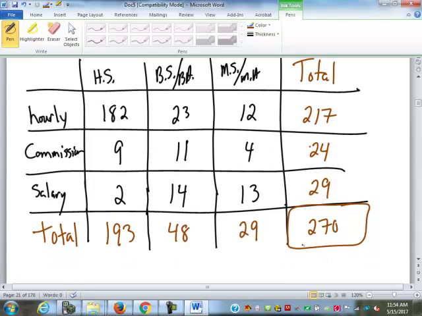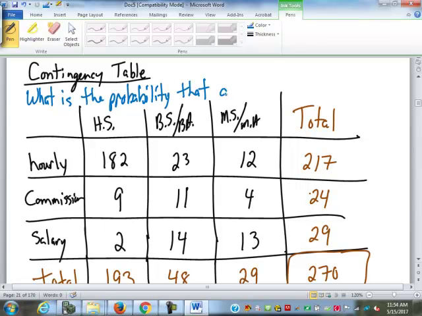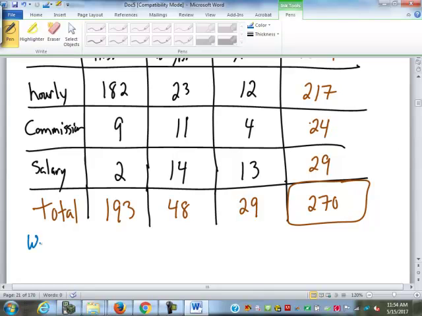For example, our general statement, I'm going to put that at the top here, is going to be: what is the probability that a randomly selected employee... So our first question here is, works hourly.